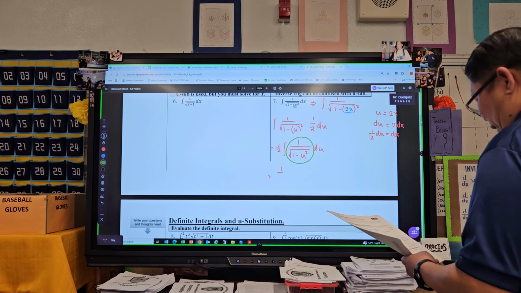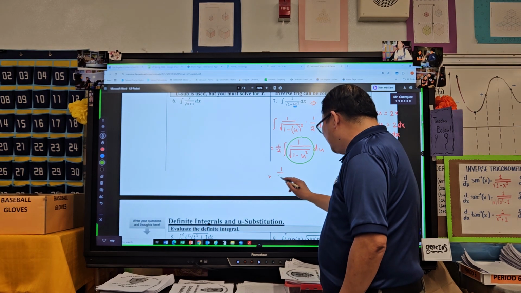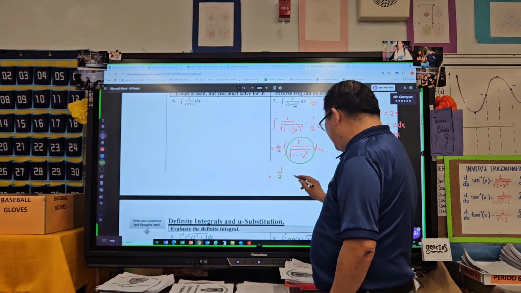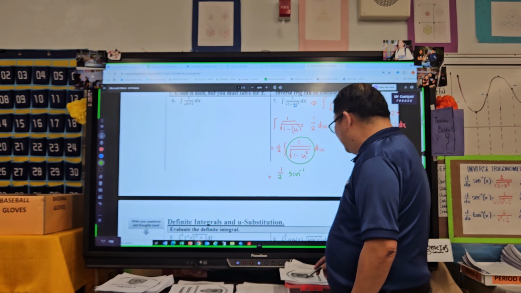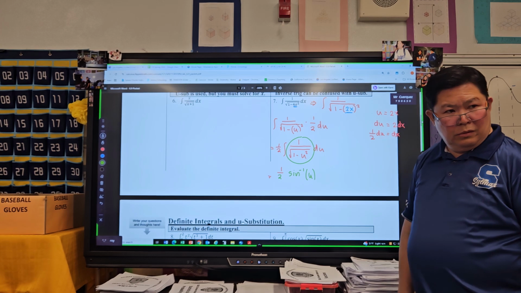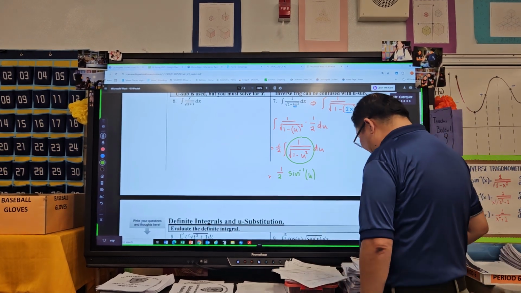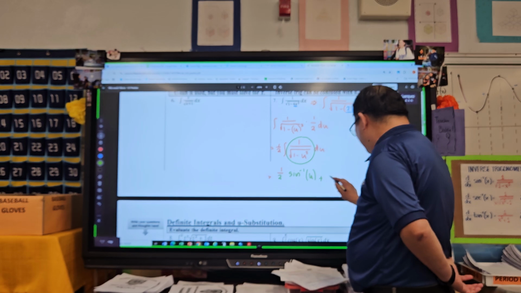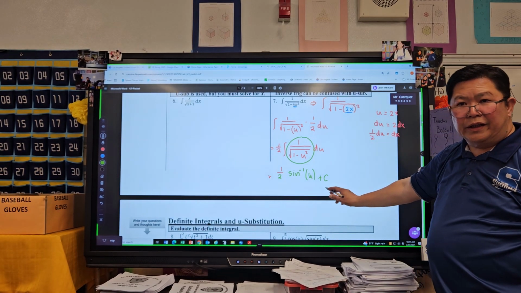So, what is our final answer? We have 1/2 sine inverse of u plus constant. But is this our final answer?